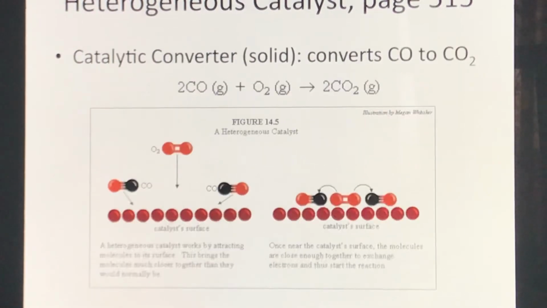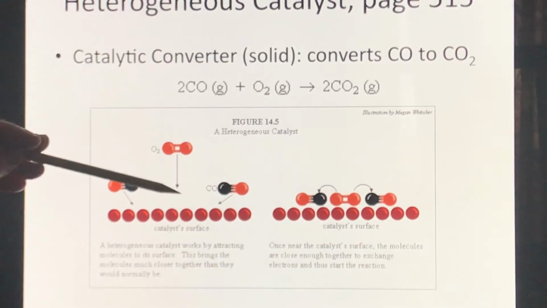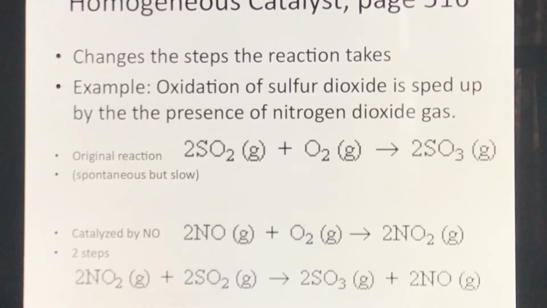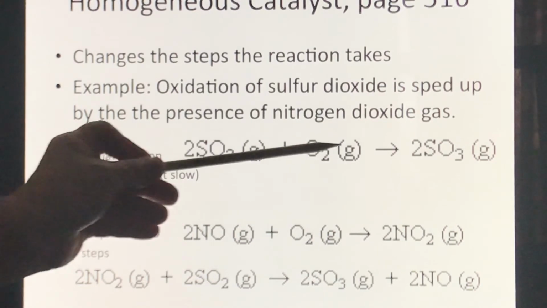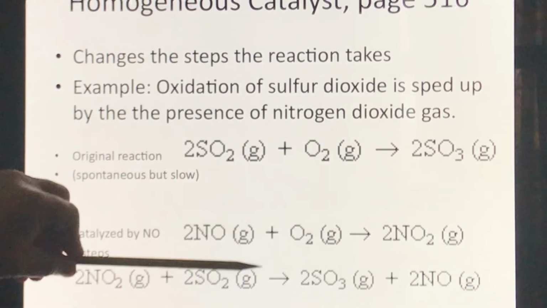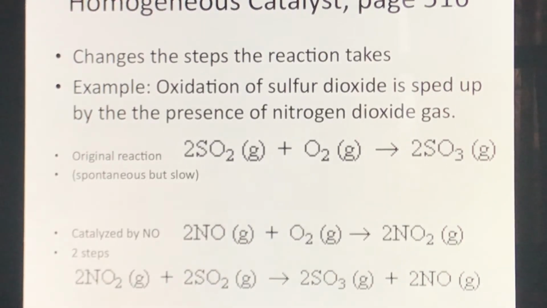So in this previous example, this reaction occurs whether or not the catalyst is there. However, in this other reaction, for the homogeneous catalyst, this one would occur without the catalyst. However, by introducing the catalyst, you have a new pathway that's created down here.